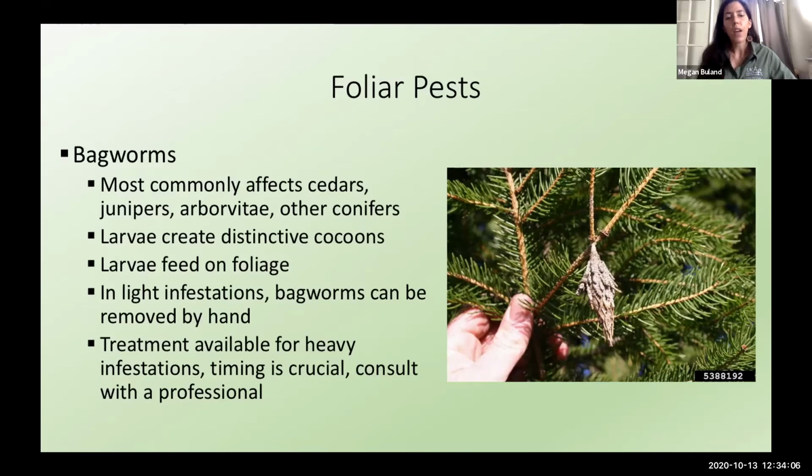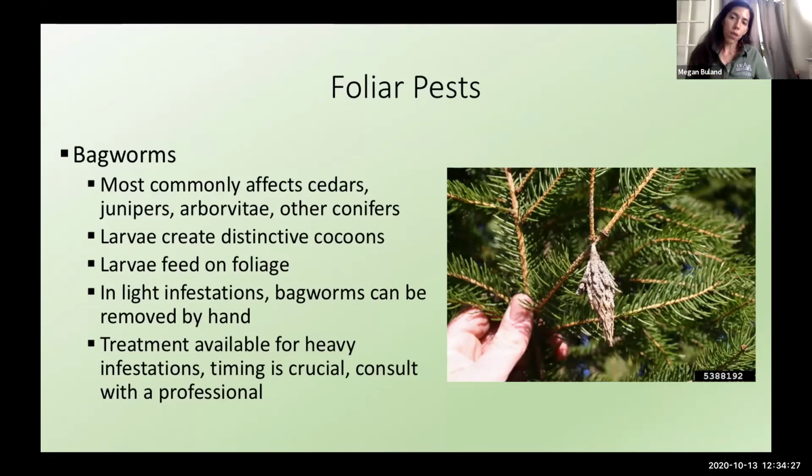In heavy infestations, there are treatments that are available, but timing is really key with these guys. You have to time any kind of chemical treatment for bagworms to be at the right stage of the larval development. Once those larvae reach a certain size, they're going to be largely resistant to any kind of chemical treatment that you might try to employ.